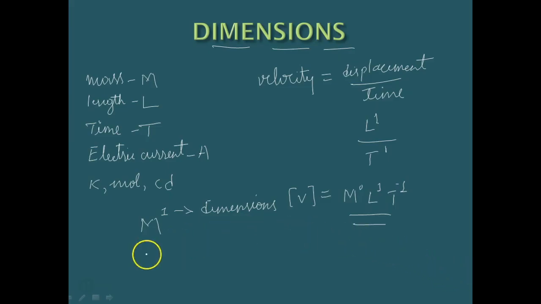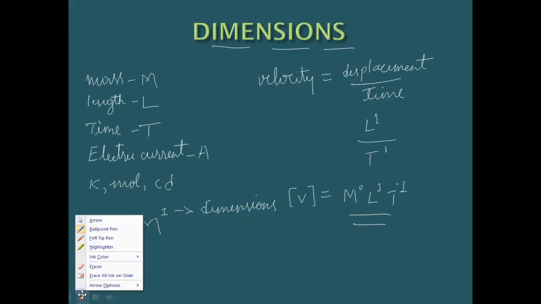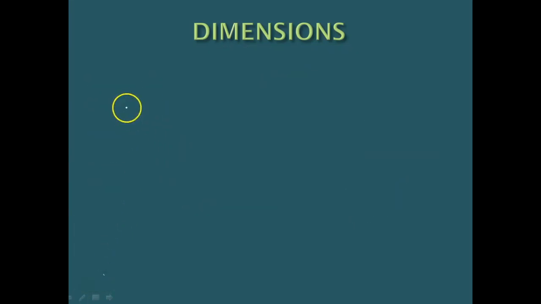So let us consider one more example. For example, the dimension of kinetic energy. Kinetic energy is given by half into mass into velocity square.